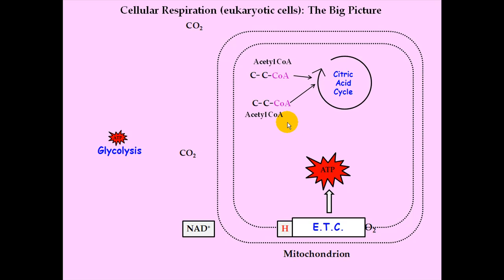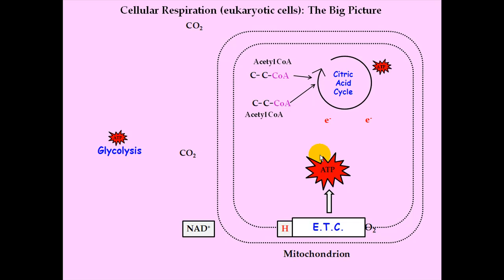It turns out that during the citric acid cycle, a little bit of ATP is made, but maybe more importantly, high-energy electrons are squeezed out of these acetyl-CoA molecules. And again, these are electrons that can be delivered to the electron transport chain, where a whole mess of ATPs can be made.